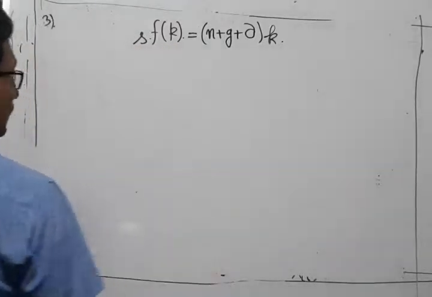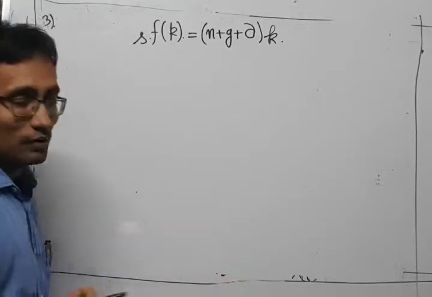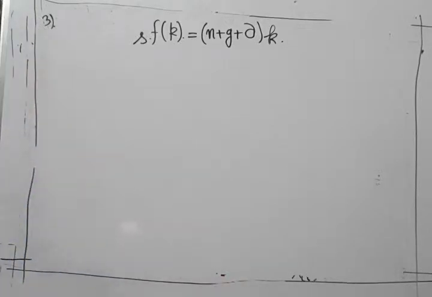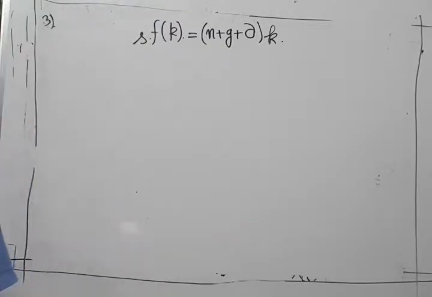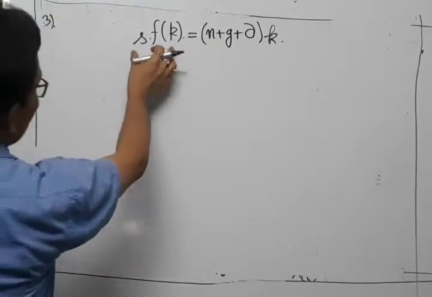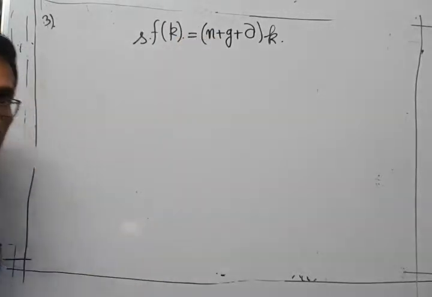At the optimum, that is at the margin, it should be equal to the break-even level of investment, because if the investment falls below this level, then my capital per unit of effective labor keeps falling. So I will only be operating at the point where it is just replenishing the break-even level of capital investment required to keep small k from falling.